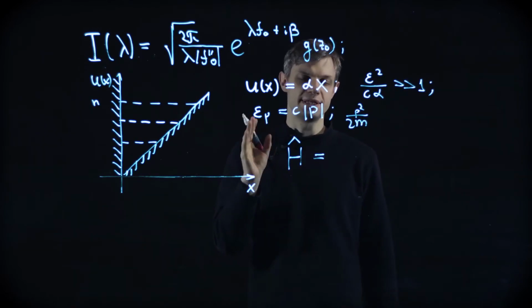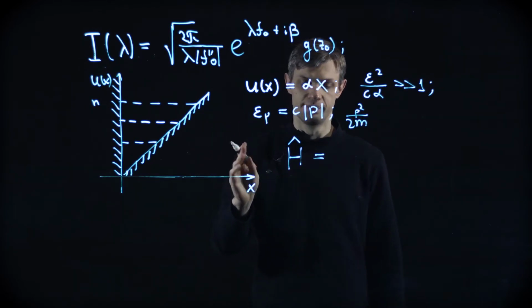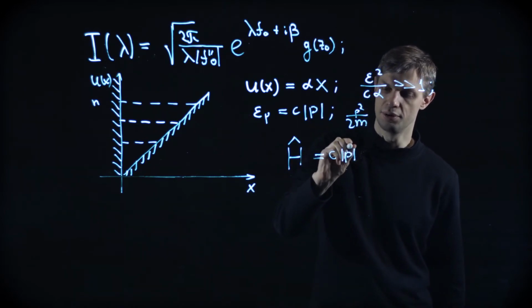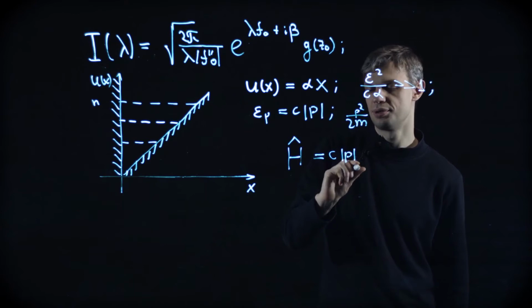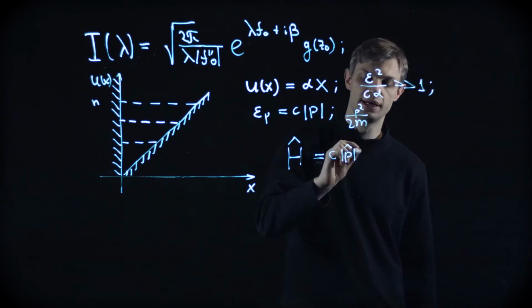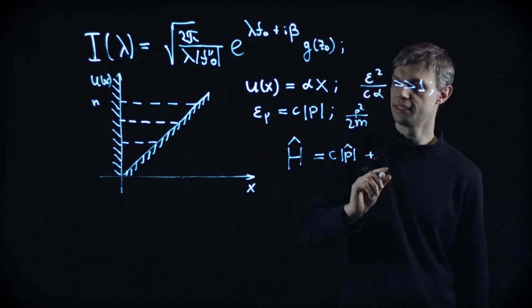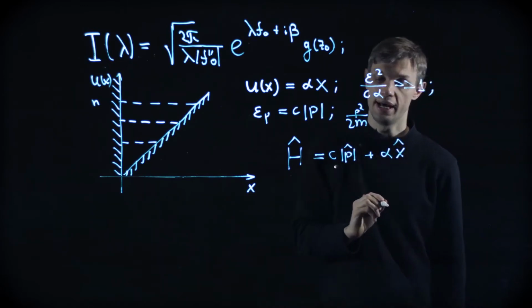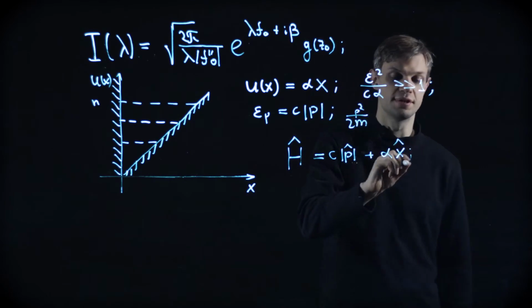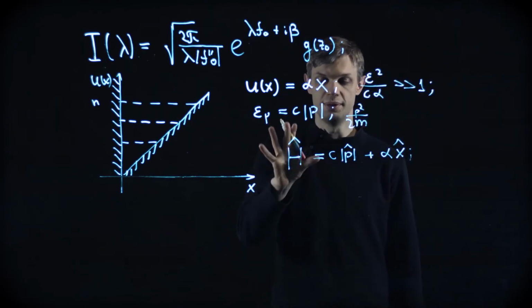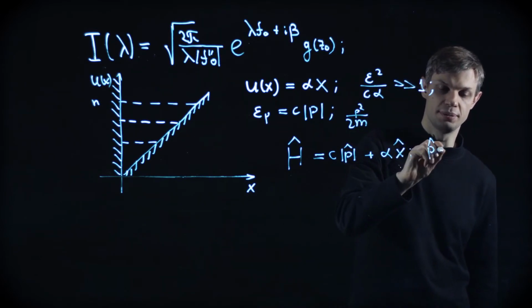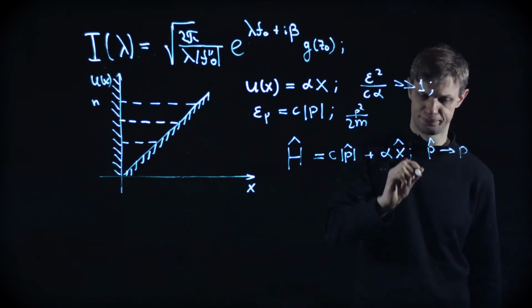So we'd better work in the momentum representation. So here we go: C modulus p. Right now, it's probably better to write it in operator form, plus a kinetic part and a potential part. Since we want to use the momentum representation for our Hamiltonian and our wave function, our momentum operator becomes just a c-number.